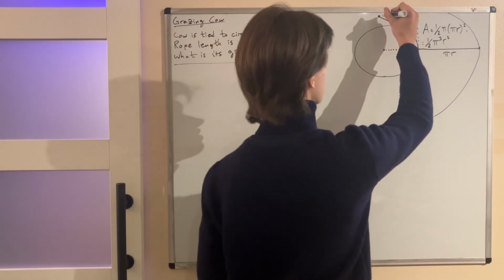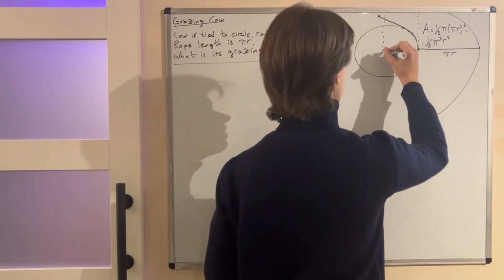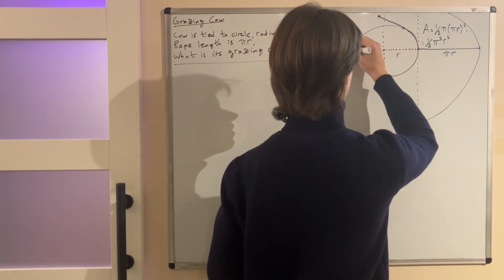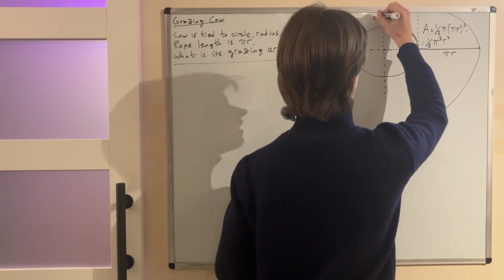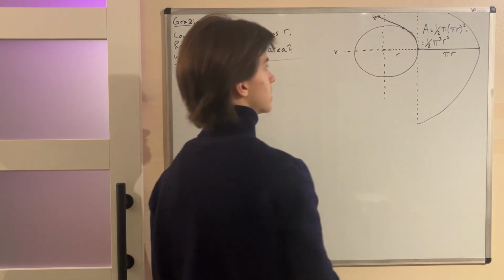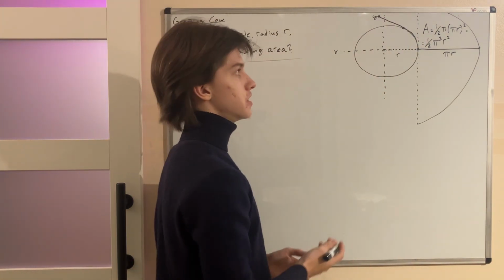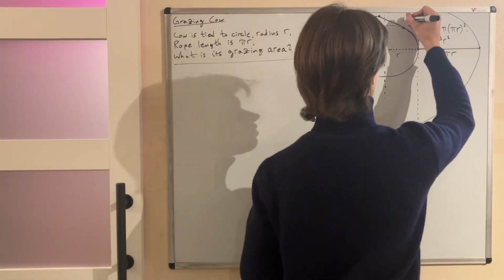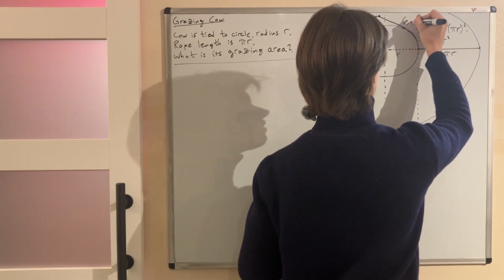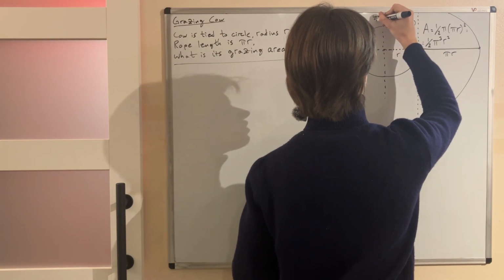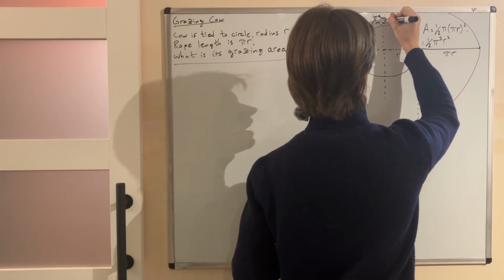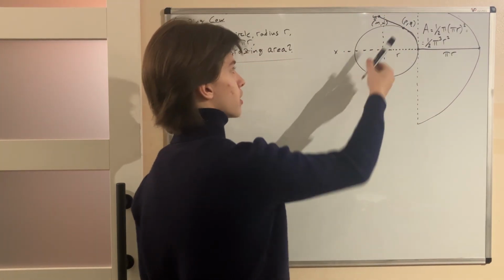First, I'm going to draw some coordinate axes through the center of our silo. This is going to be the y and the x, respectively. And so we can now label our points in the Cartesian plane. This first one where the rope releases, I will call PQ. And this one where it ends, I will call MN. So notice something about PQ.